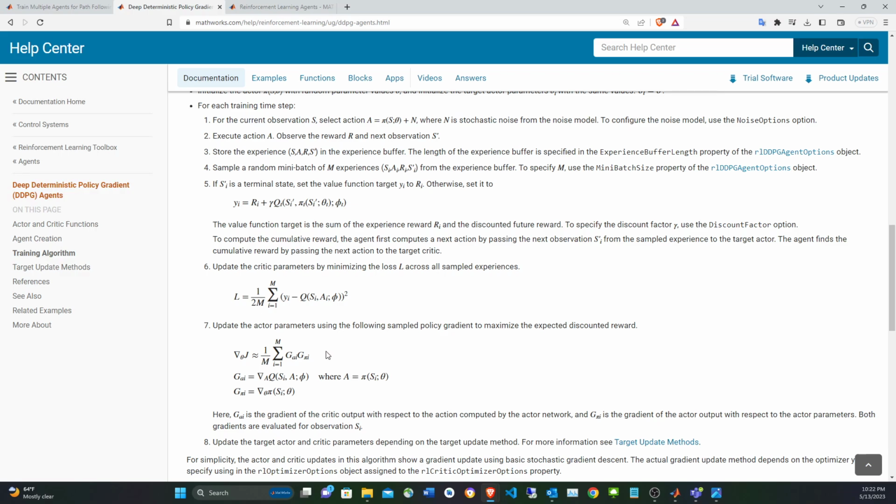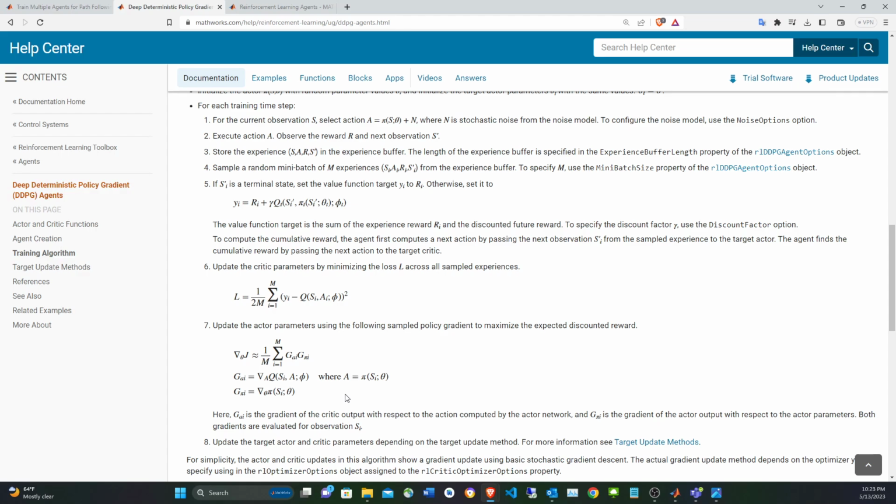And then for training the actor, you don't consider the targets. So basically you take the gradient of the critic. You can see it in here, and by gradient it means the derivative in the direction where the most change happens, and if it is positive, it's the most positive reward. So it's basically where you maximize your reward.